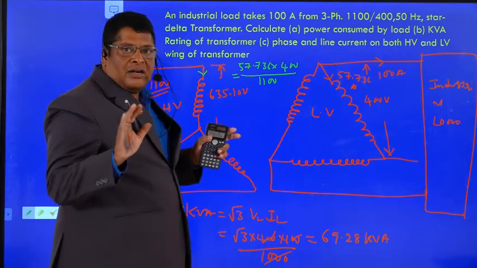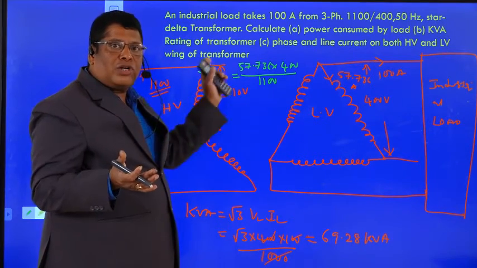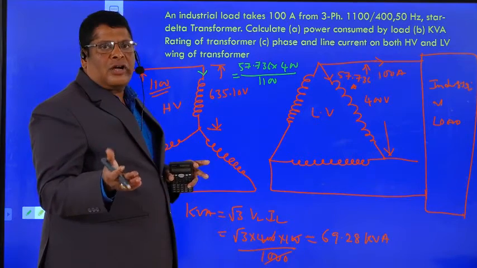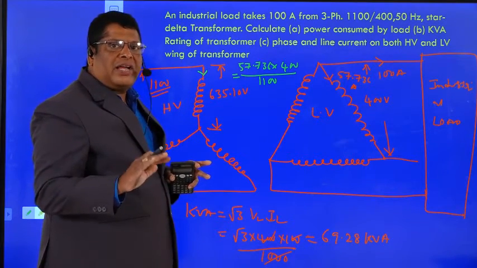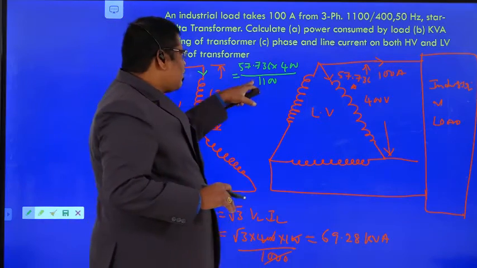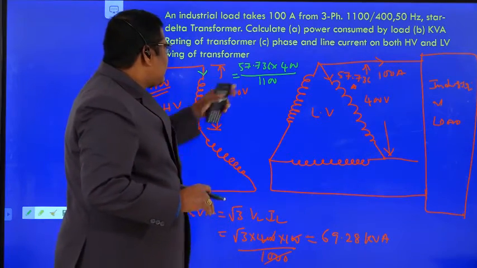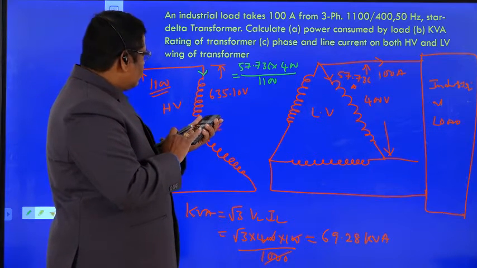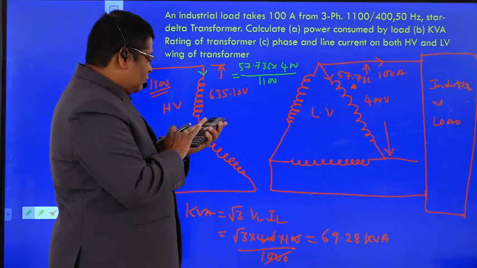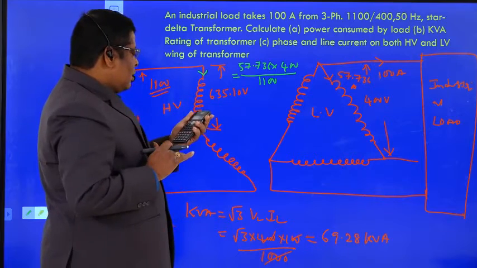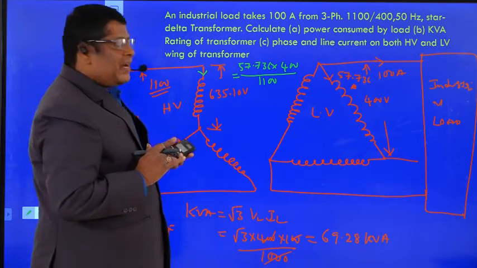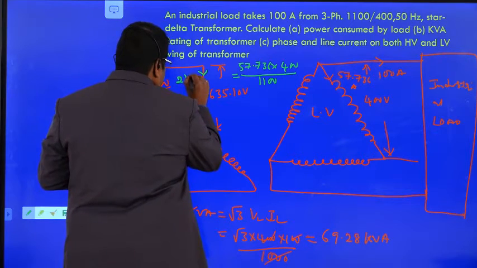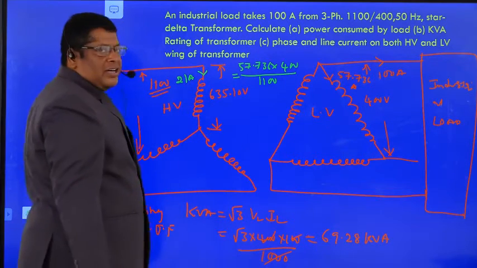But the number of turns is not given, while the voltage rating is given. The voltage rating is directly proportional to the per phase number of turns in the primary as well as the secondary, so we have taken that value. So the per phase current is equal to 20.99 amperes, nothing but 21 amperes phase current.